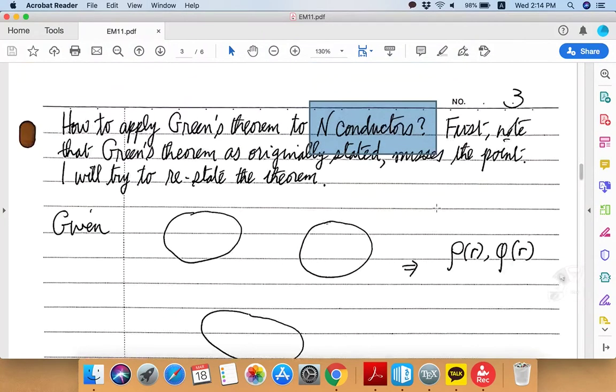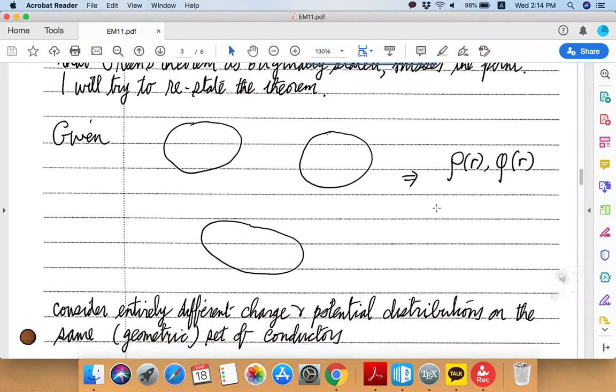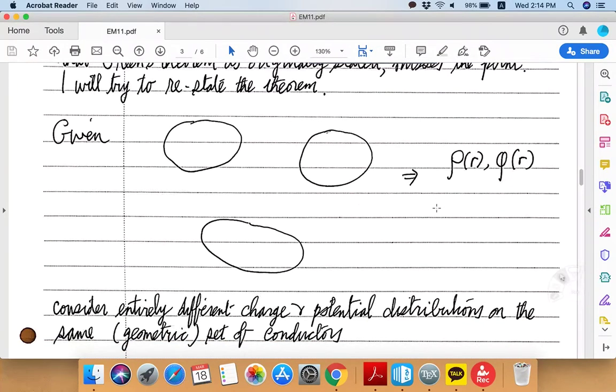Okay, it turns out that this second way of stating the Green's reciprocity theorem is a far more useful way and actually helps us toward solving the problem I proposed at the beginning of the lecture.